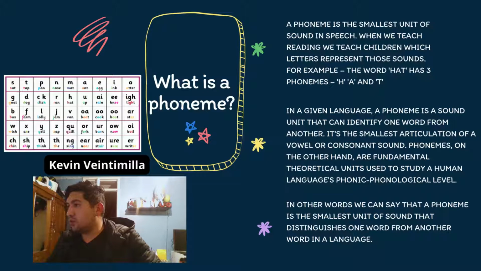It's the smallest articulation of a vowel or consonant sound. Phonemes are fundamental theoretical units used to study a human language's phonological level. In other words, a phoneme is the smallest unit of sound that distinguishes one word from another word in a language.